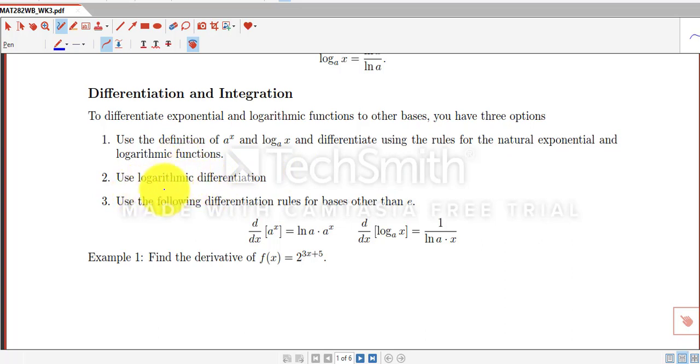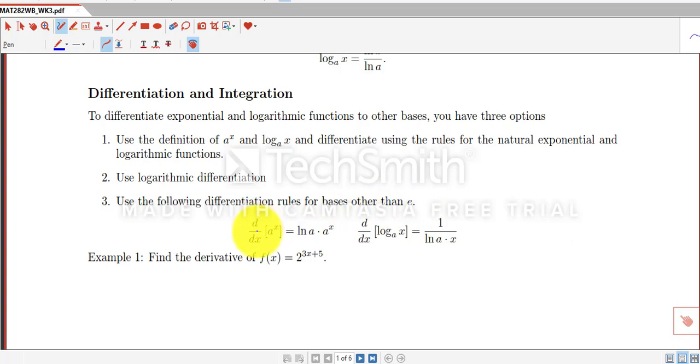Number two is to use logarithmic differentiation that we studied earlier in chapter 5. Or simply, option number 3, use the following differentiation rules for bases other than e.